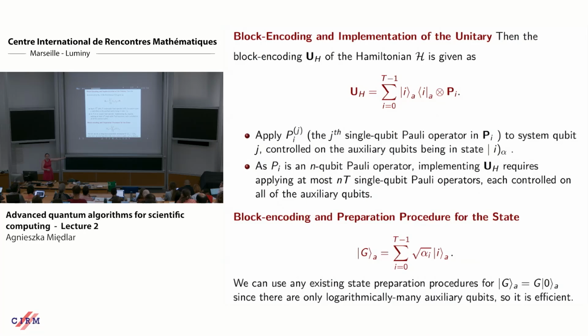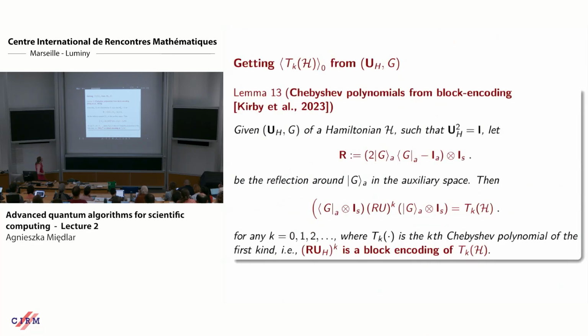So you need to block encode, you need a unitary representing the matrix, and you need to be able to prepare your state. Let's assume that we have that at hand. We have the block encoding and we know how to prepare a state. Well, how do we get those expectations of the evaluation of a Chebyshev polynomial?